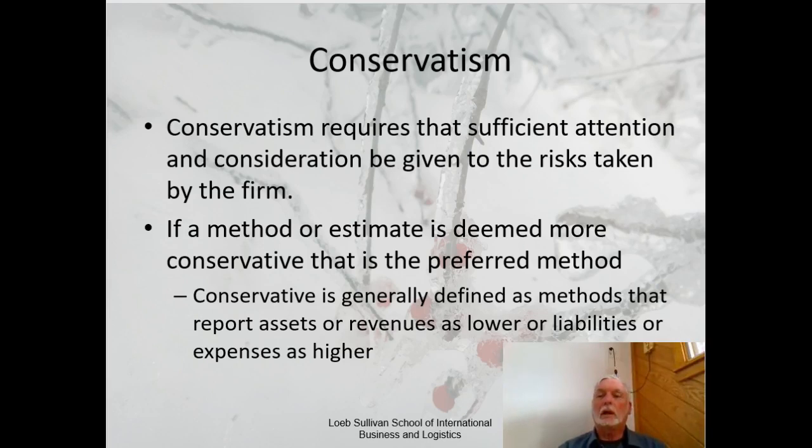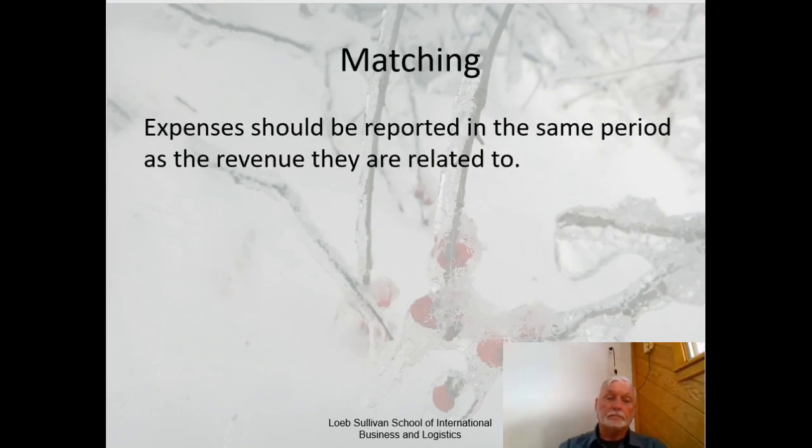We're always going to err on the side of showing higher expenses and lower revenues if we can't come up with a value. So that's the conservatism of accountancy, and that's still practiced. Obviously, management may not like that. Management may want to be conservative, but the accounting principles and everything around accounting is designed to be conservative as a fallback point. So you'll see that throughout accounting theory and practice.